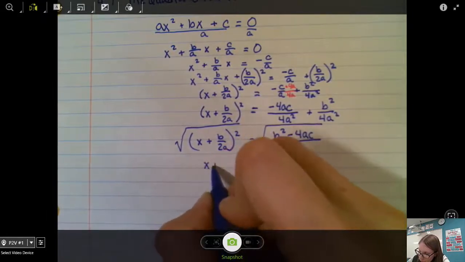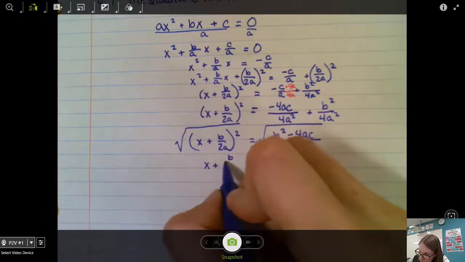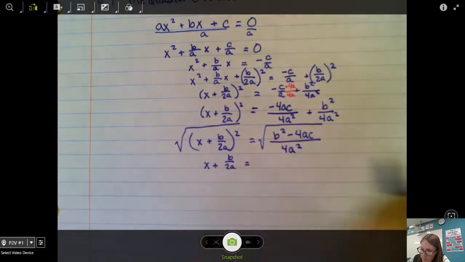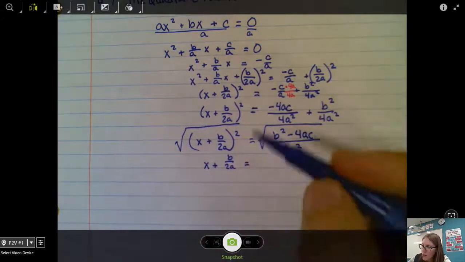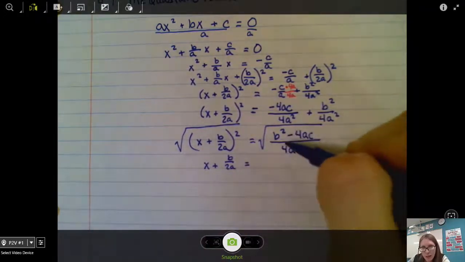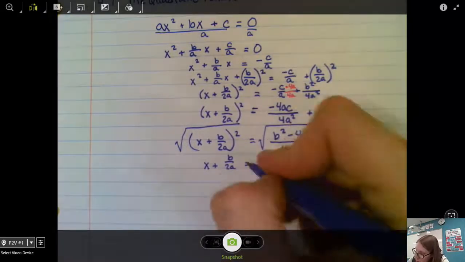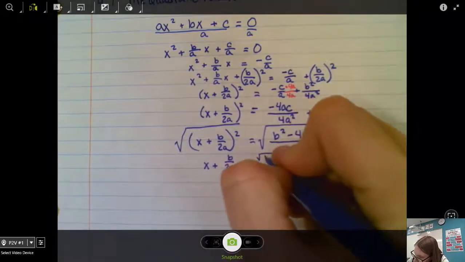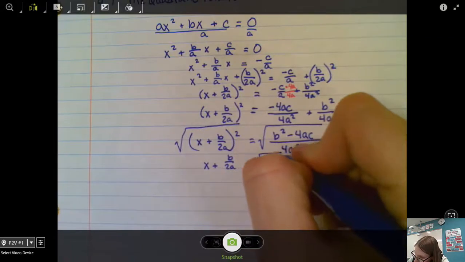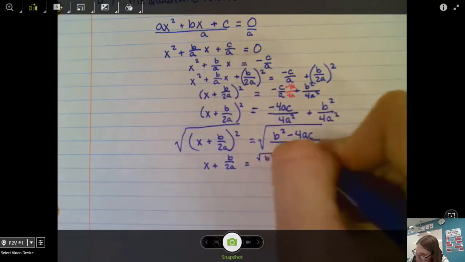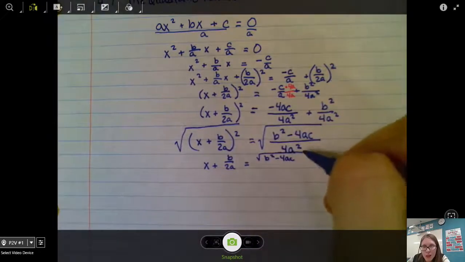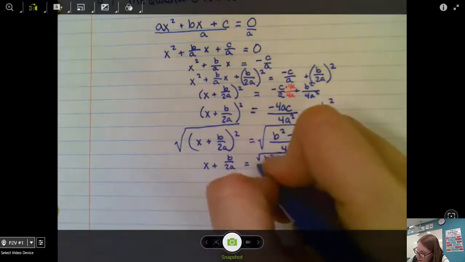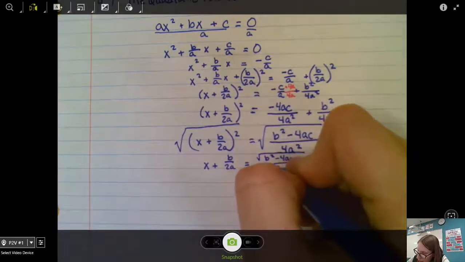And that would give me x plus b over 2a on the left. And square rooting this whole thing, to square root a fraction, we square root the top, which gives us the square root of b squared minus 4ac. The square root of 4a squared is 2a.